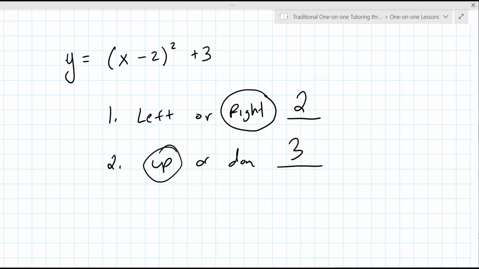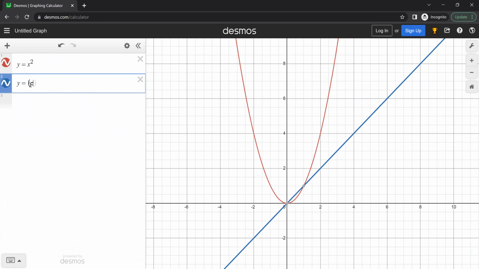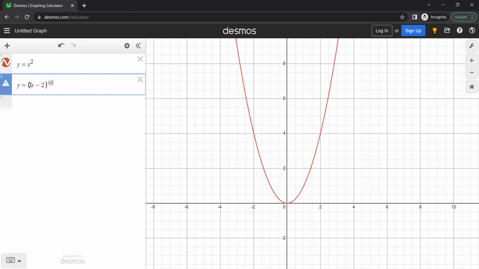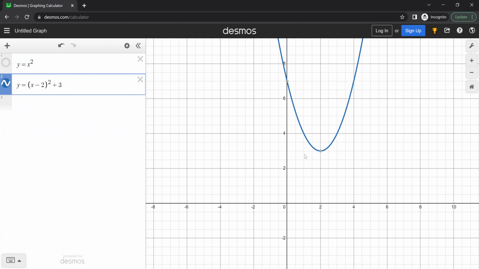Okay, let me go back to the graph. Let's graph that and let's take a look at if you're right or not. So x minus 2 squared plus 3. Now, what is this point down here at the bottom?